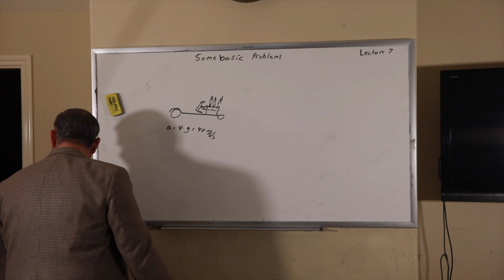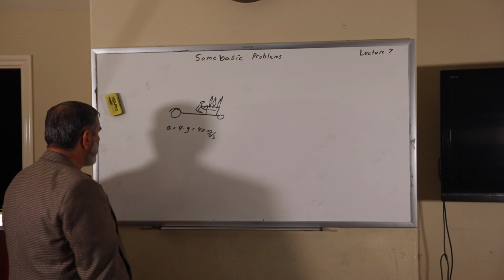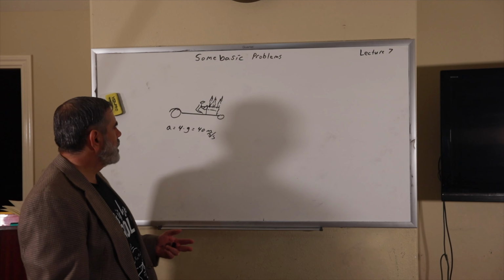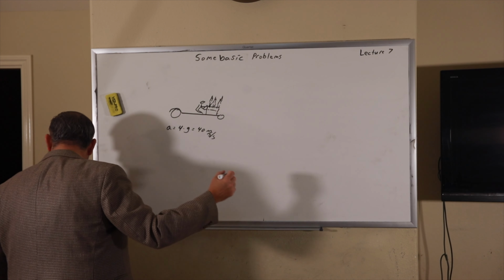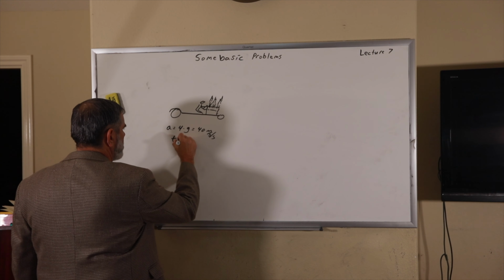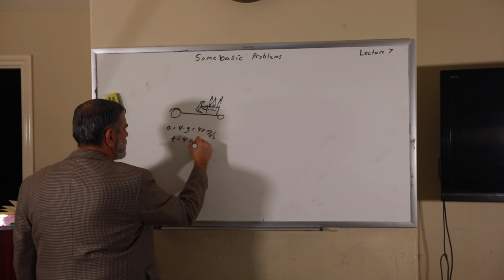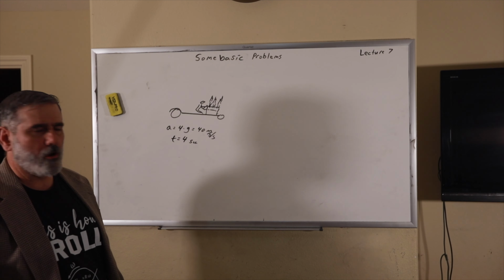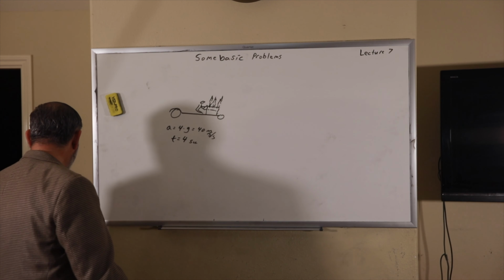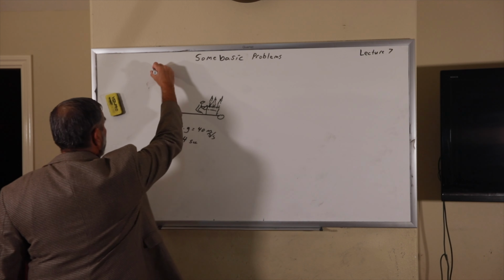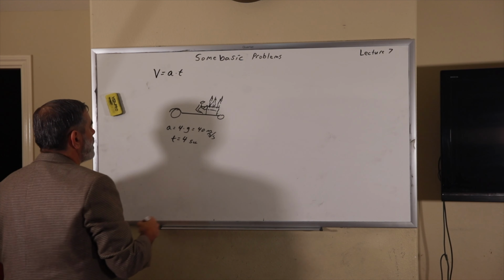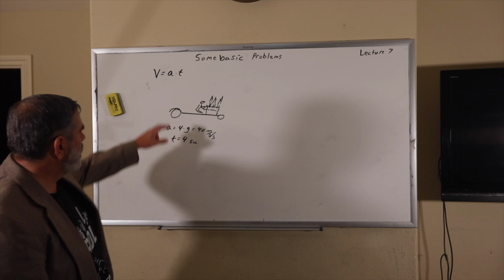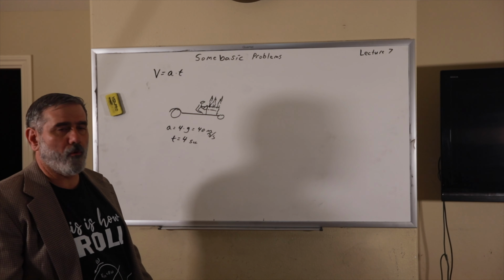And we're also going to be given the time of interest. So we're going to say, well, how fast is this dragster going at the t equals 4 second mark? So when t is equal to 4 seconds, how fast is the dragster going? So what's the equation we need to use for this? Well, we need to use the equation that the velocity is equal to the acceleration times the time. And we're going to assume, of course, that this acceleration is a constant during this time interval.